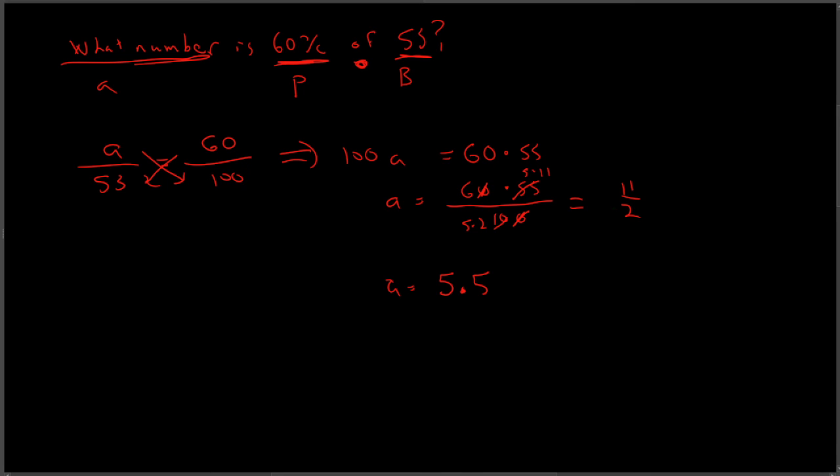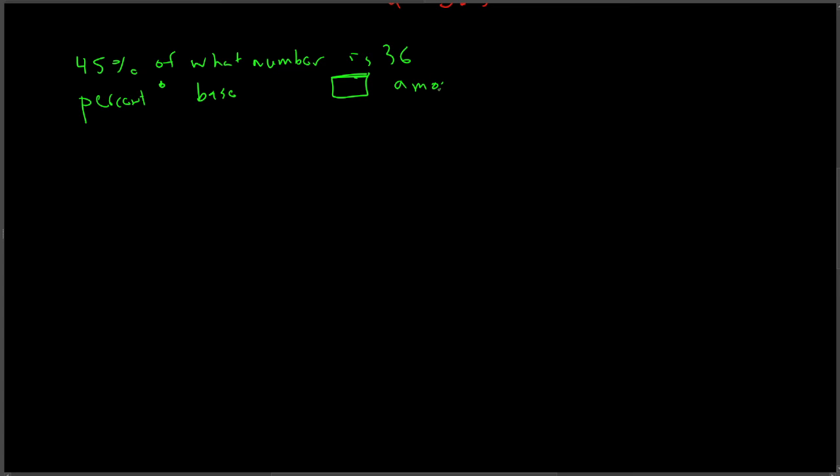All right, let's look at two more. 45% of what number is 36? Again, the of links the base and the percent, and the is has the amount on the other side.